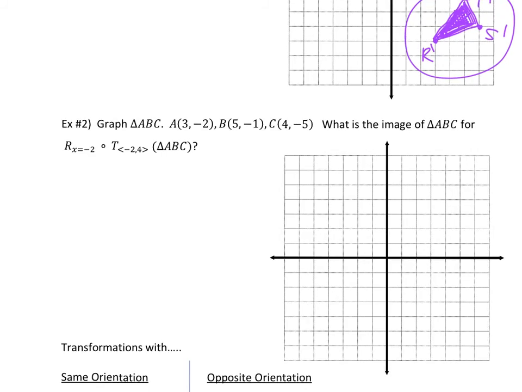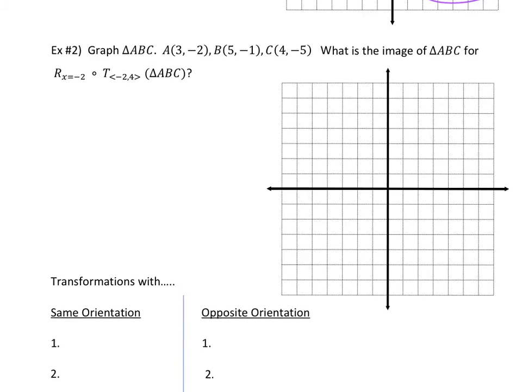Okay, then you're going to try this one. So plot these points. Do this transformation. What does this symbol mean? It means "after," right? So make sure you're doing translation and then reflection. Plot our points here.